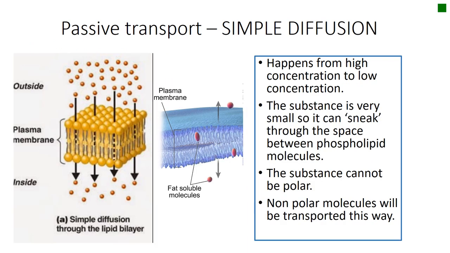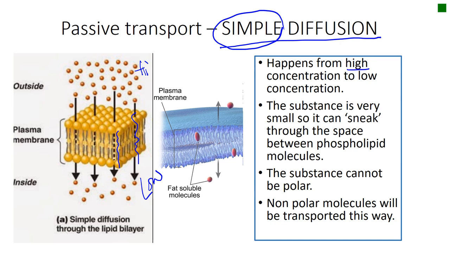The first type of passive transport is called simple diffusion. The meaning of simple diffusion is that the substance that moves from high concentration to low concentration through the plasma membrane can simply sneak through the space between the phospholipid bilayer.